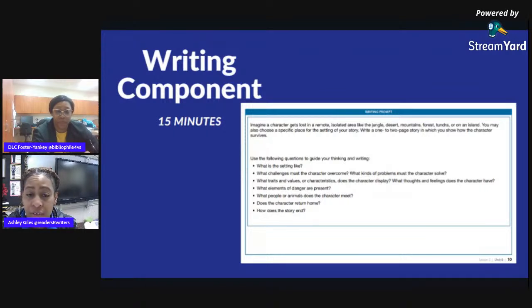I do want to draw our attention to the supports on the side. Students may struggle with being creative and coming up with an adventure story, a setting for this imaginary setting. So provide them with a bank of settings that they could use for their adventure story. We could have them brainstorm their ideas of different settings.